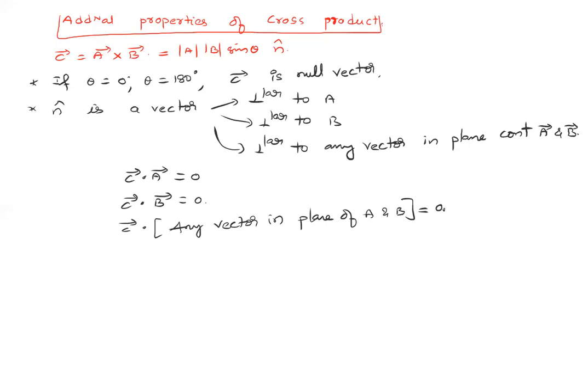Next, a bar cross b bar is minus of b bar cross a bar. If you look at this, a bar dot b bar is equal to b bar dot a bar, but when it comes to cross product, it is with a minus sign. So a bar cross b bar and b bar cross a bar will have equal magnitude but opposite direction. These are some additional properties.